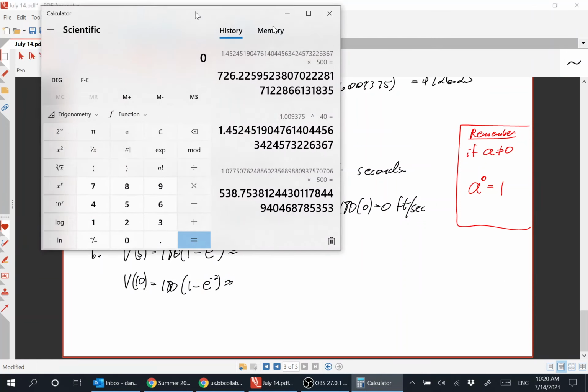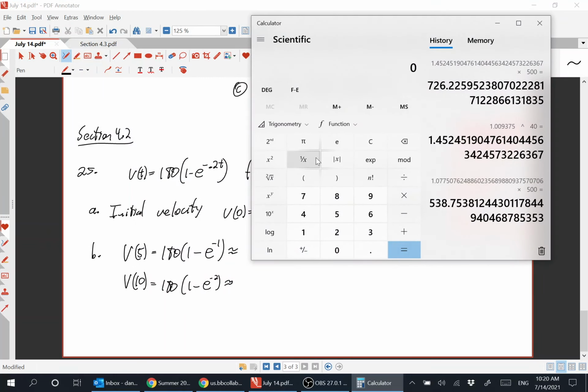For this base e, you should have a button on your calculator that says e on it, or e to the x, perhaps. Depending on what kind of calculator you have, there are different ways of entering the expression. On this type of calculator, if you want e to the third, it's just e right here, 2.71828 and so on, to the third.